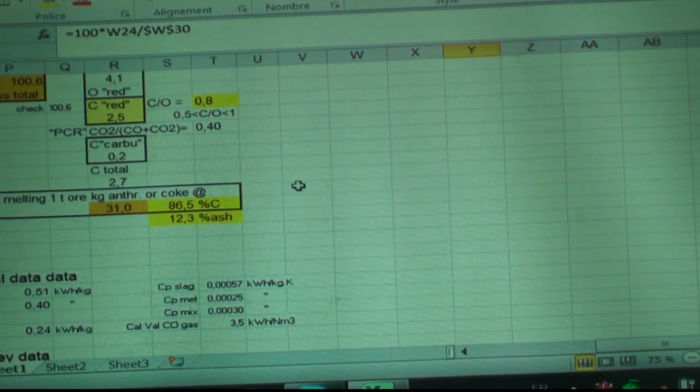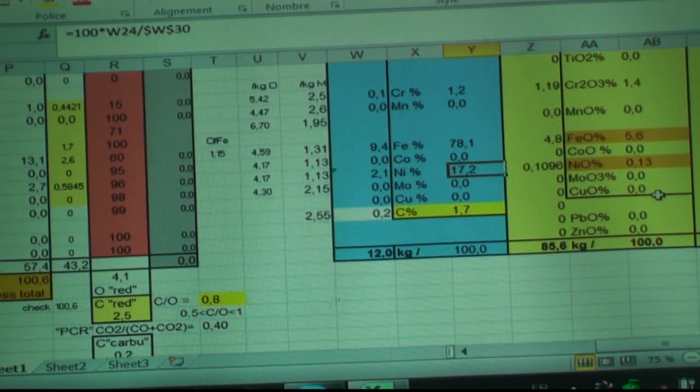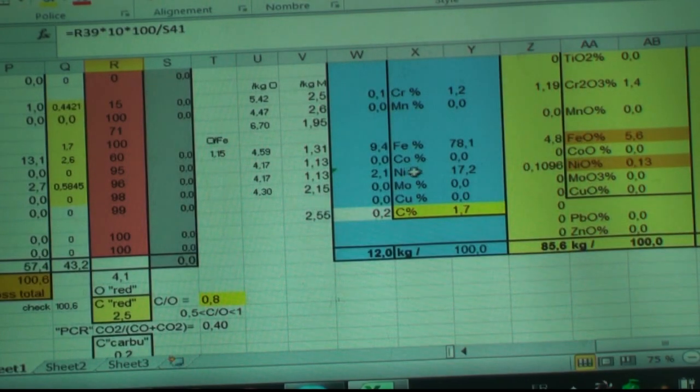If you want to make an Excel macro, you can make an automatic calculation to find out what you want, if you want. But I do it manually, meaning I change the yield and I check the carbon, which results, and I check the nickel, which results. For me, it's correct like this, because it's not a long time to adjust.